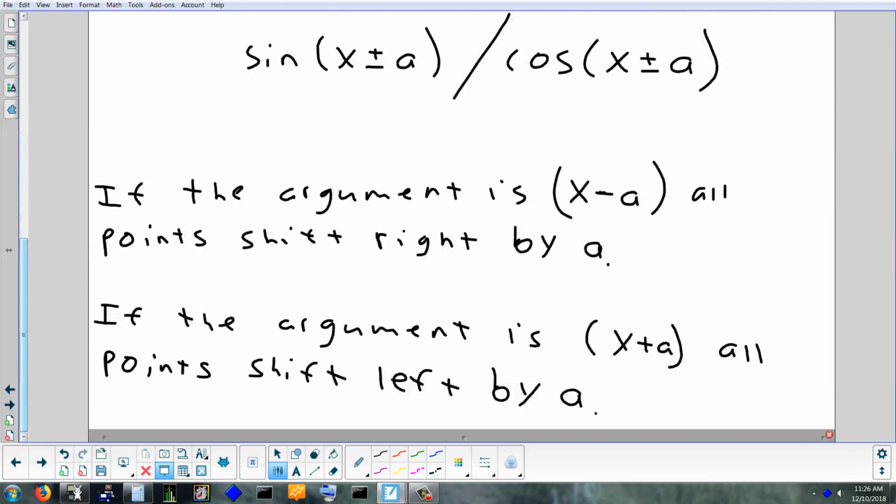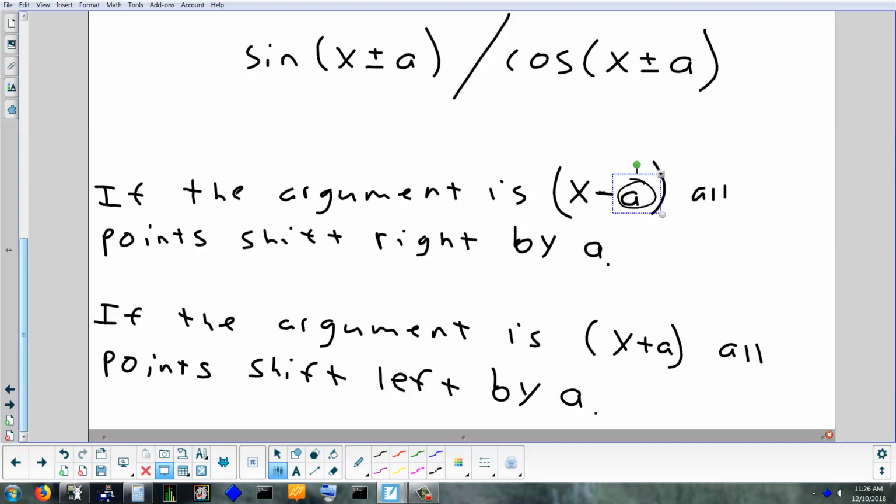Remember in this case, you're shifting left and right. What's the name of the axis that goes left and right? I know it's the x-axis, but what does it represent in a trig function? Yep, the angle. So the shift is a certain number of degrees or radians.